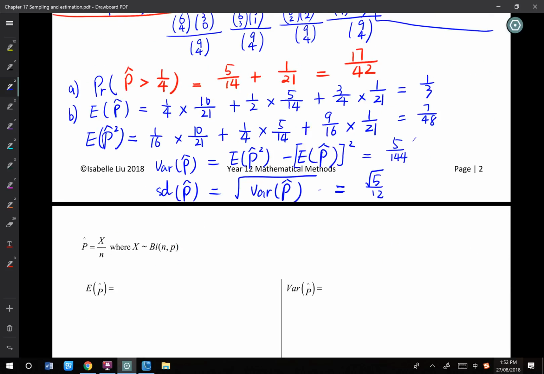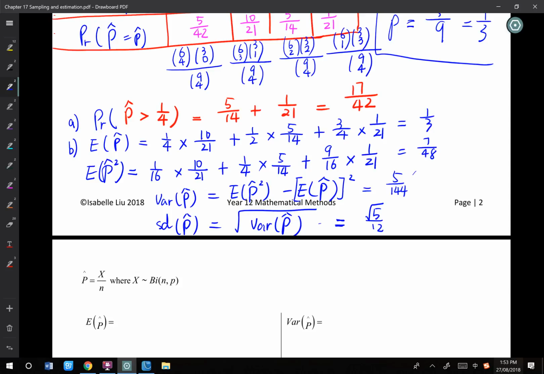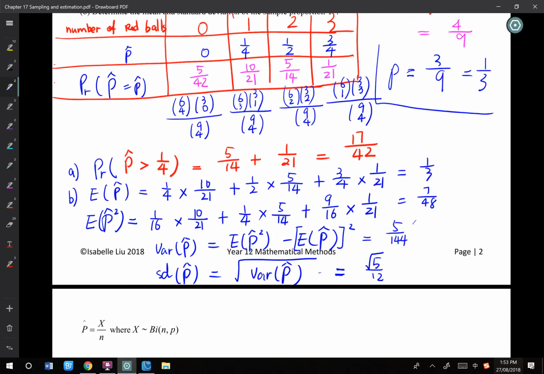And the variance of p hat uses expected p hat squared. So how do you calculate expected p hat squared? You just treat p hat as x and compute x squared. So it's 0, 1 over 16, 1 over 4, and 9 over 16, times the probabilities and adding them.